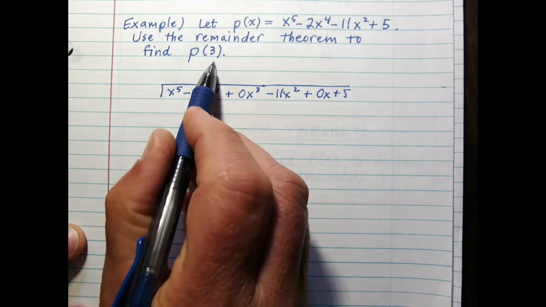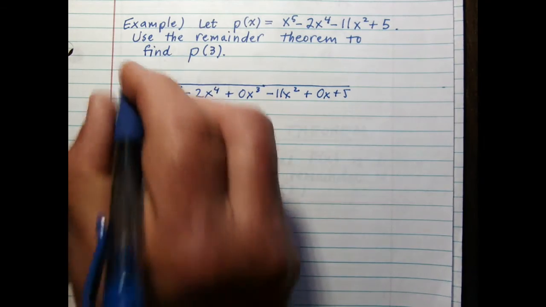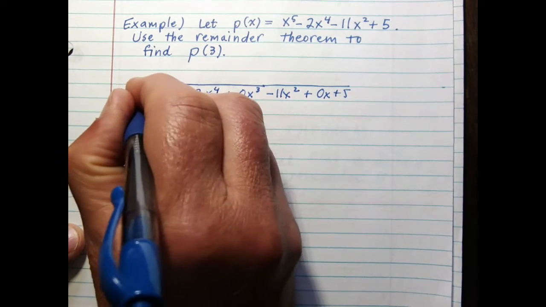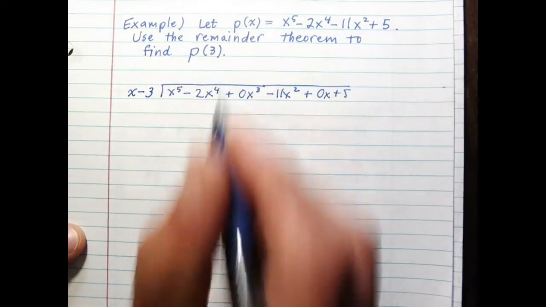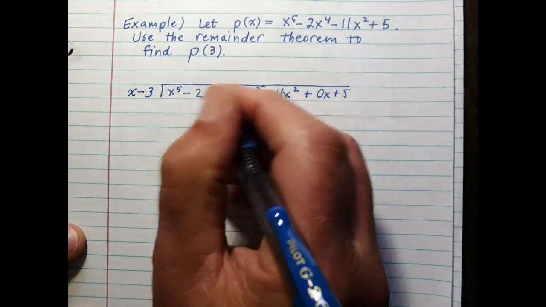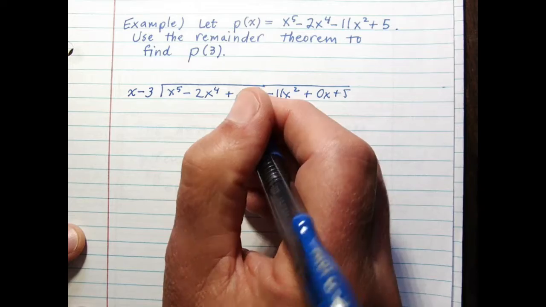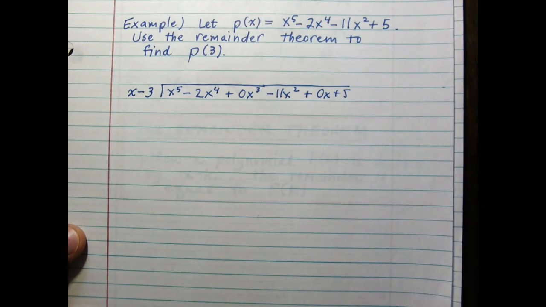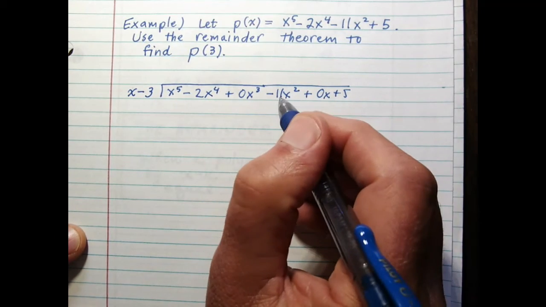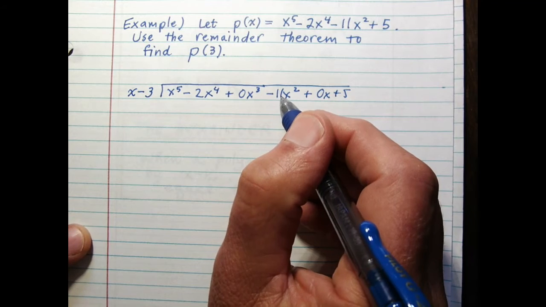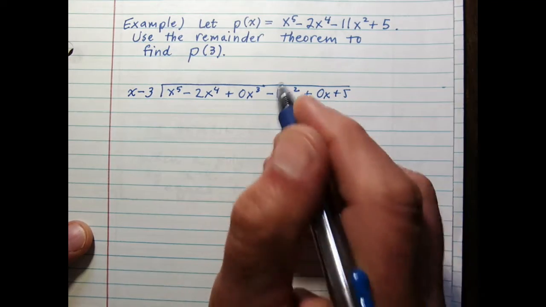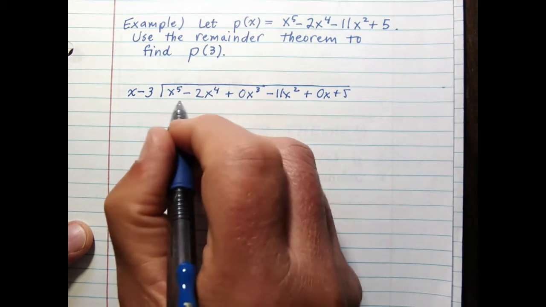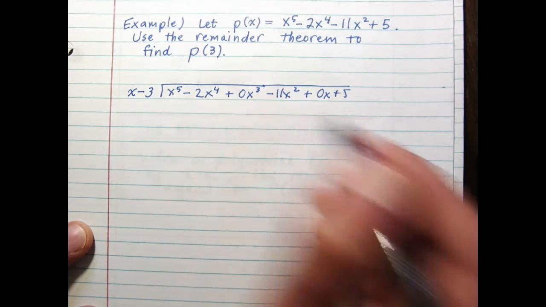Now, to use the remainder theorem, I want to divide by x minus 3. And now I'm going to go through the long division process. You don't need to know how to do this. In fact, we're going to have a very short, fast way of doing this in just another video or so. But for this example, I want to go through this the long way.